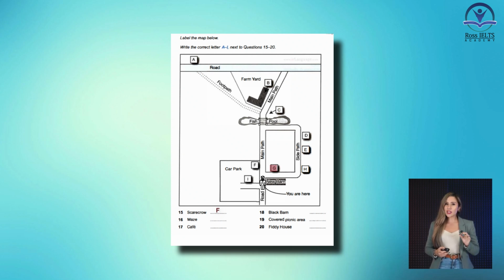So as we keep listening, it says, it's beside the side path that branches off to the right. As we are on the main path, the only path that goes to the right is the one between New Barn and G. So we can definitely say that G is the maze.